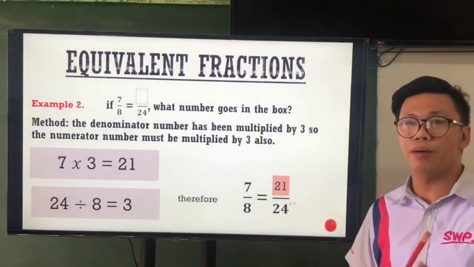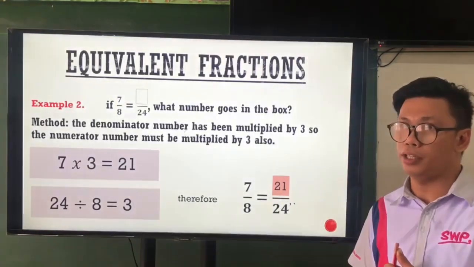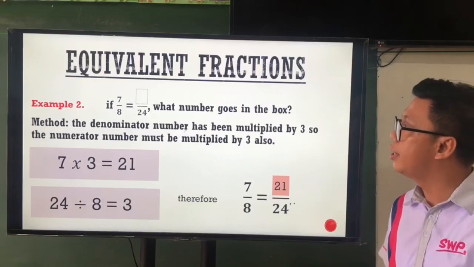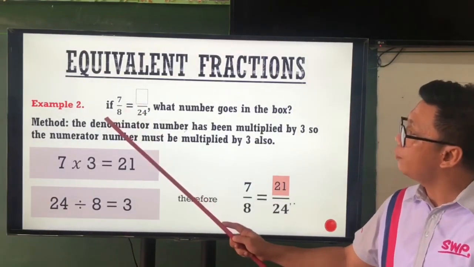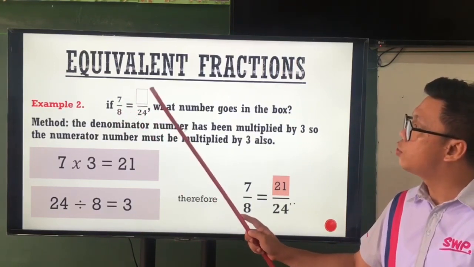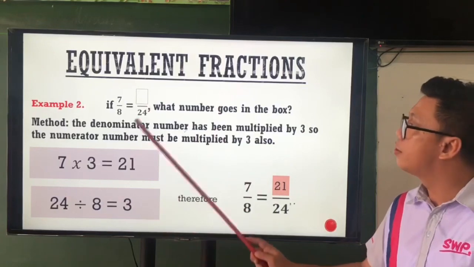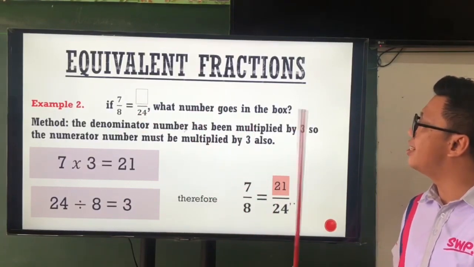In the first example, we used divide. Now in the second example, we use multiplication. Everybody follow after me. If 7 over 8 equals a box over 24, what number goes in the box?